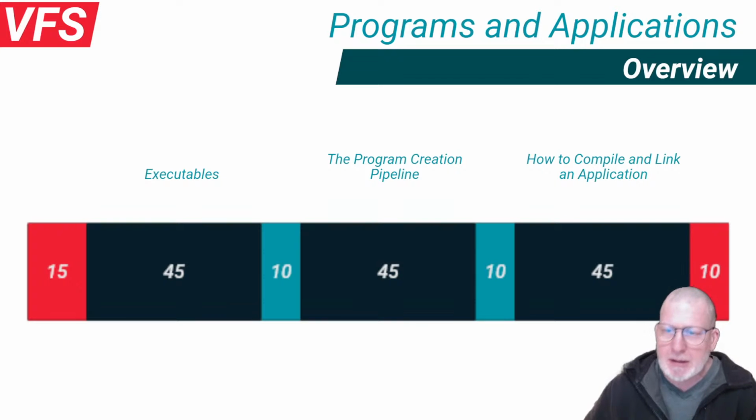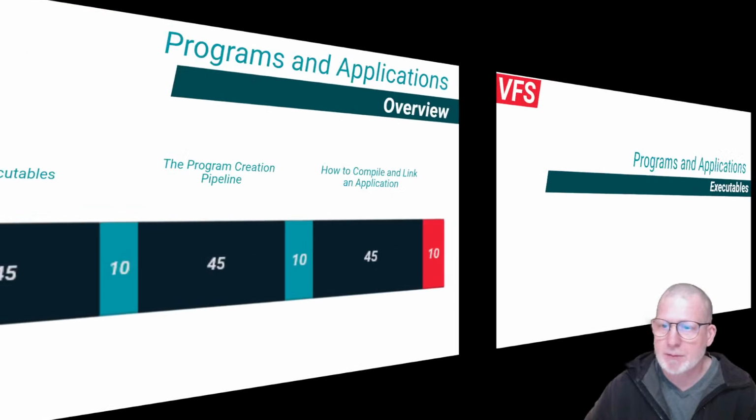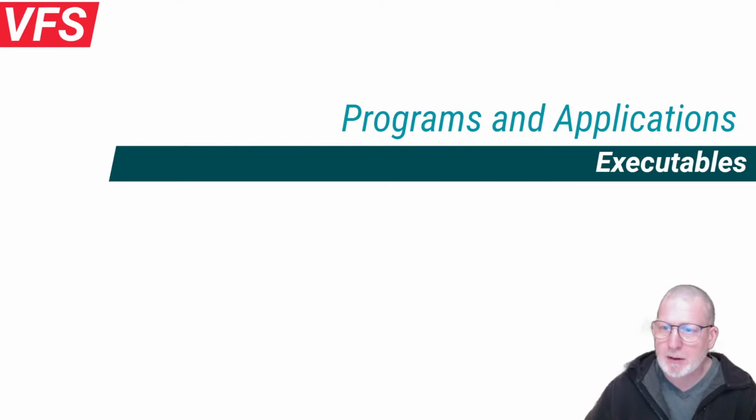So I'm going to get going here, and we're going to start looking at some of the possibilities we have for building programs. We've talked about this a little bit before. We have a bunch of tools that have evolved mostly for historic reasons over time.